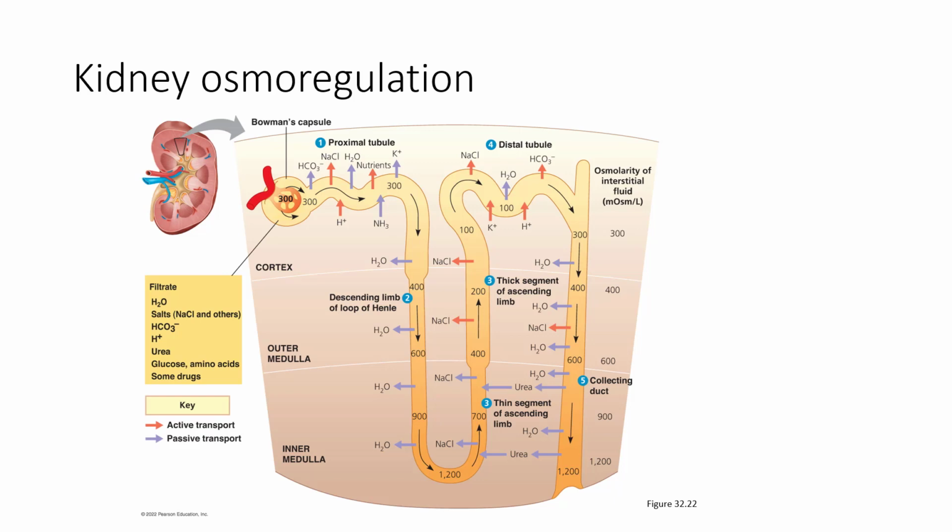And as it's losing sodium chloride, the thick segment of the ascending limb is making the outer medulla saltier, which causes more water to come out of the descending limb. This is a countercurrent multiplier. Active transport gets sodium chloride out of the thick segment of the ascending limb, causing water to come out of the thin segment of the descending limb.